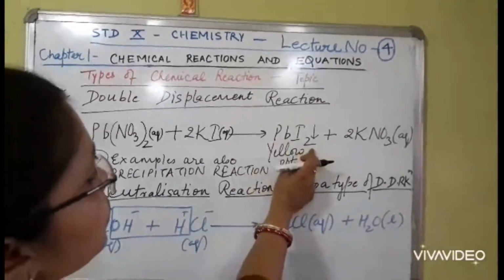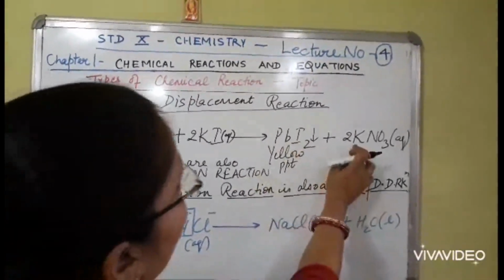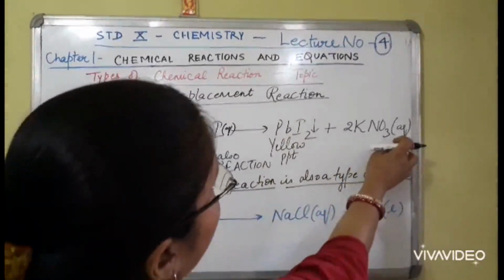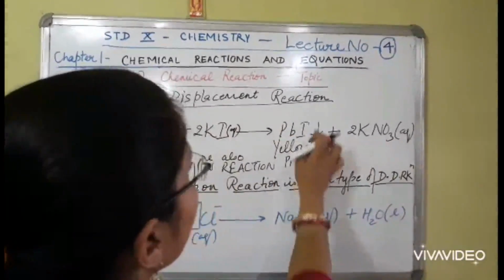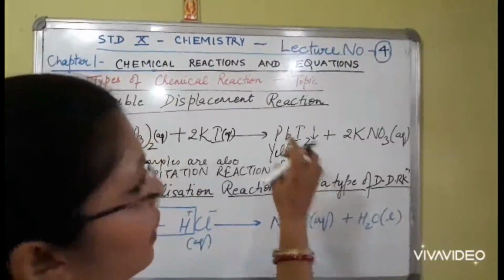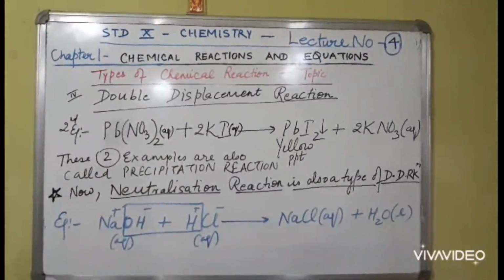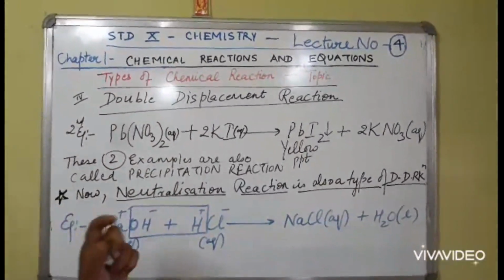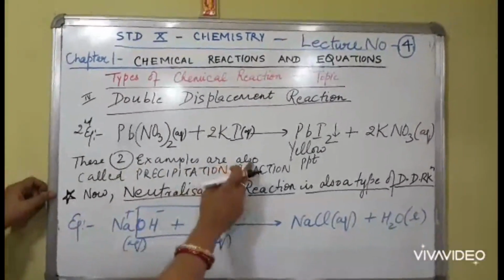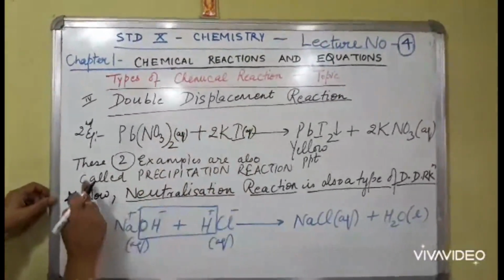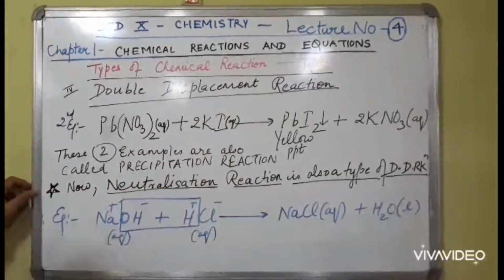Valency of lead is 2, iodine is 1. And potassium nitrate is aqueous. Here this precipitate is yellow in color. In the previous example, barium sulfate formed a white precipitate. You have to remember the colors. So these two are examples of double displacement reaction, also called precipitation reaction.